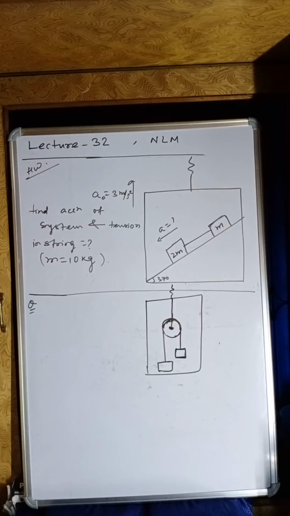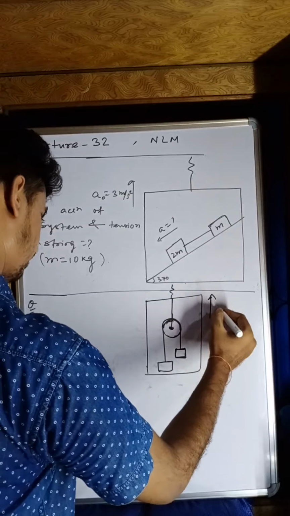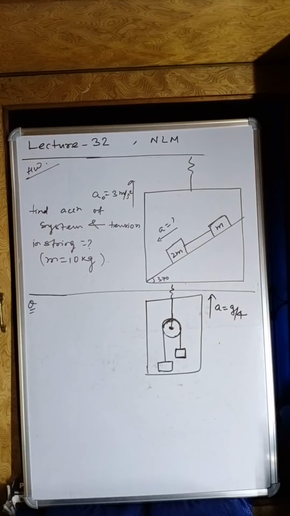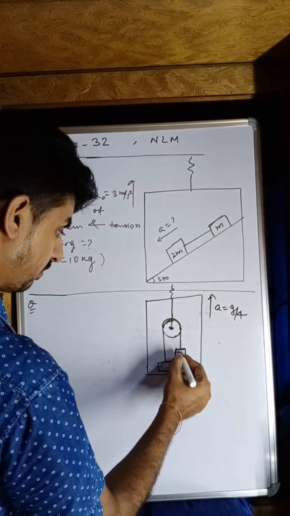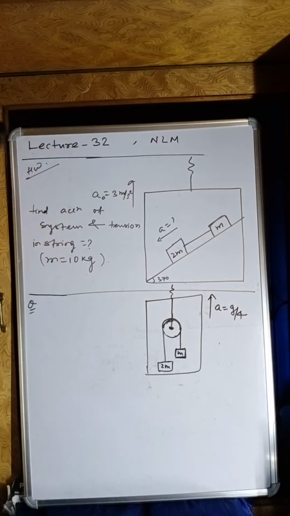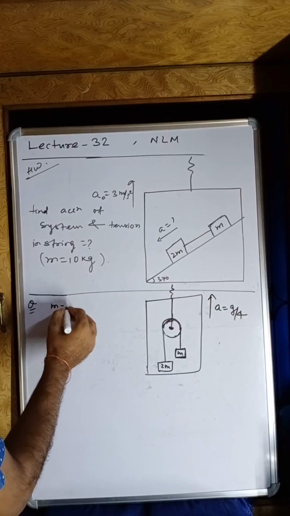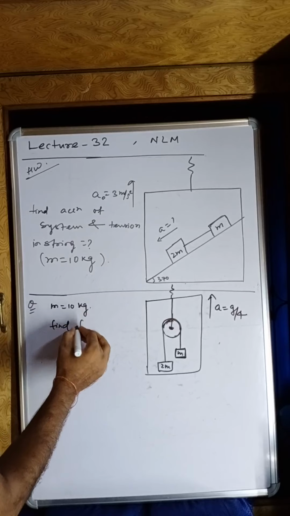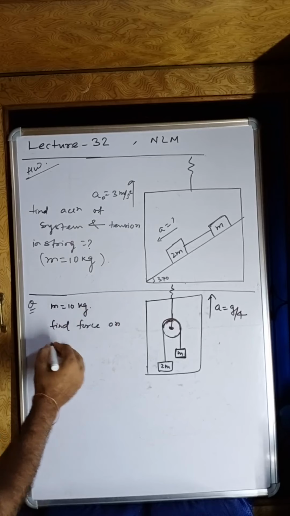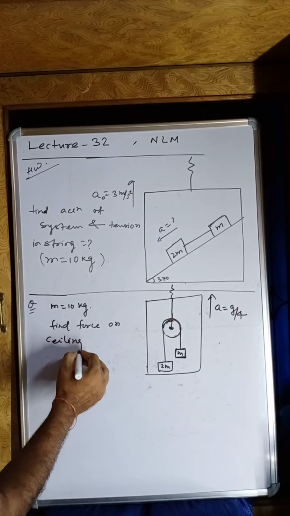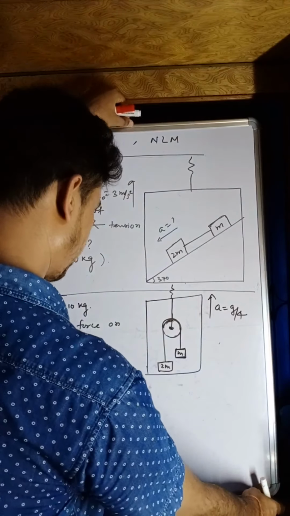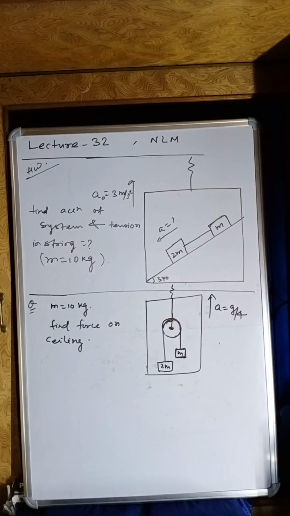Now this system is going up with an acceleration g by 4 meter per second square. This is the mass m, this is 2m. If m is 10 kg, find force on ceiling. Okay, we have to find force on ceiling. What will be the force on ceiling? Okay, this is our question, how to solve.